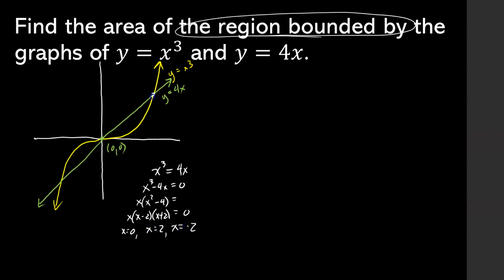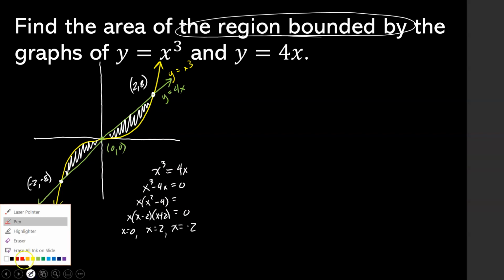Okay, so these three intersection points: negative 2, negative 8; 0, 0; and 2, 8. Okay. So what are we looking for? Can you identify the region bounded? It's kind of a trick question. There are two regions bounded by x cubed and 4x. We need to find the sum of those two areas.